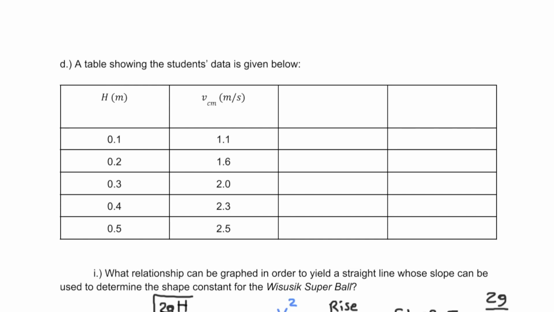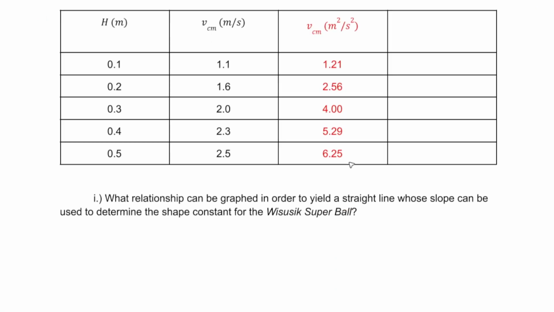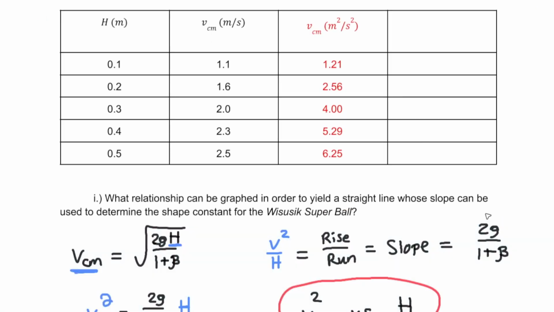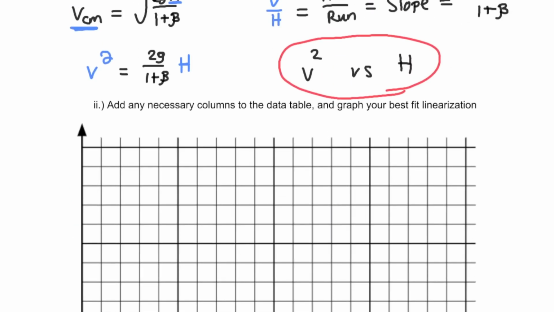So through the magic of video editing, there's our v's. So we just squared them here. And I'll also move this over here now. So now we have our data. And we do actually have to figure out how to graph this ourselves here. So add any necessary columns and then graph your best fit.